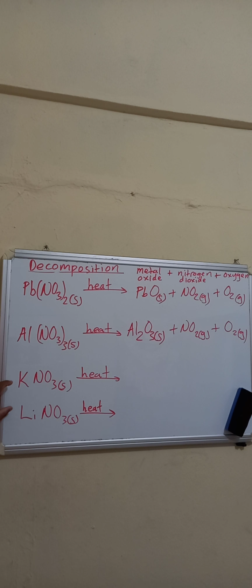Alright, so the next reaction now is single displacement reaction. It means that if you notice, we have an element reacting with a compound, right? So single displacement means that the isolated element is going to displace an element from the compound.